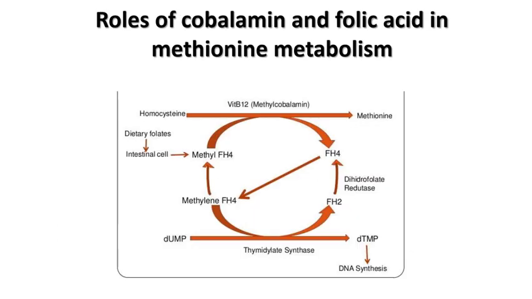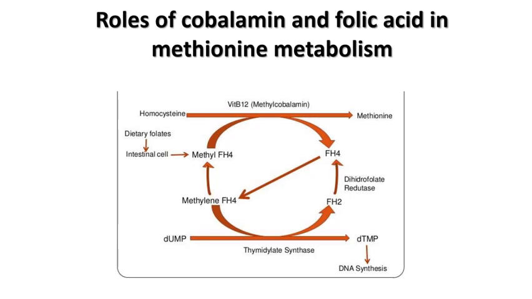This figure explains the combined role of cobalamin and folic acid in methionine metabolism, what we have just discussed. For the conversion of homocysteine to methionine, vitamin B12, that is methylcobalamin, is required. For resynthesis of methylcobalamin we require methyltetrahydrofolate, which is reduced to tetrahydrofolate as the methyl group is donated.